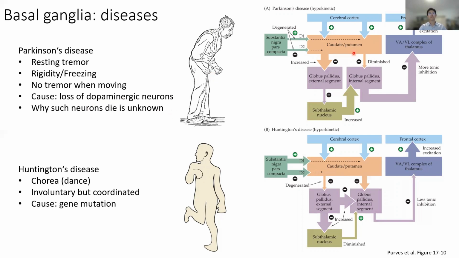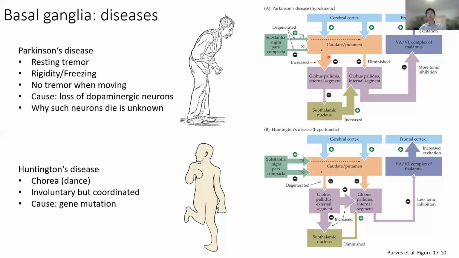And let's see what happens in Parkinson's disease. So as we said, we have D1 and D2 as the receptors of dopamine. Once this guy produces less dopamine, it has an effect on both the excitatory and inhibitory D1 and D2 pathways. But since D1 and D2 are not the same, the sensitivity is not the same to this decrease.